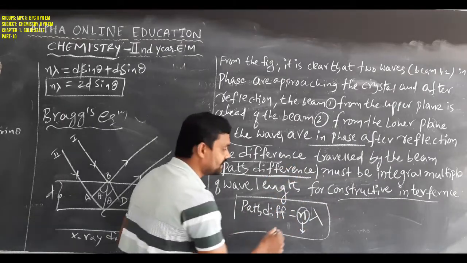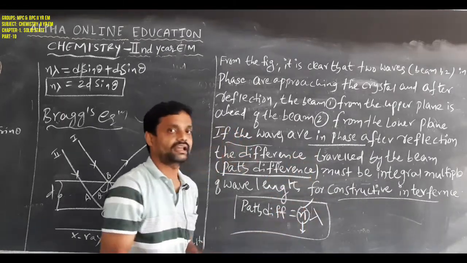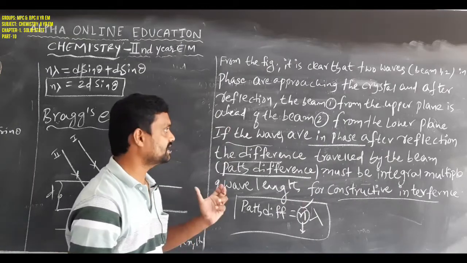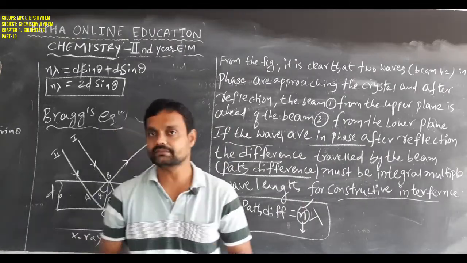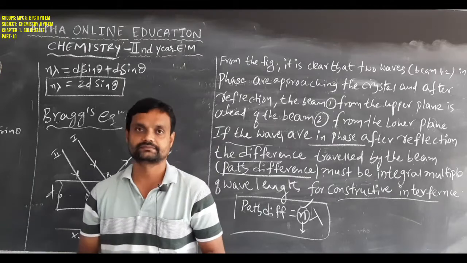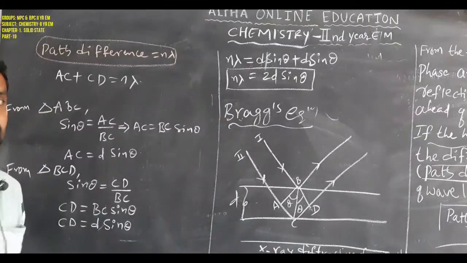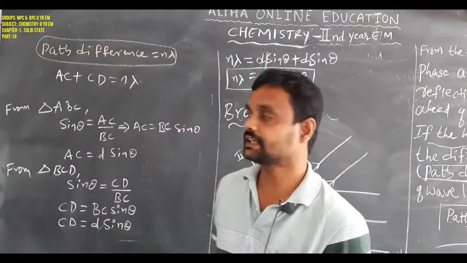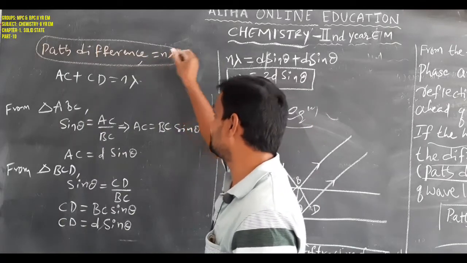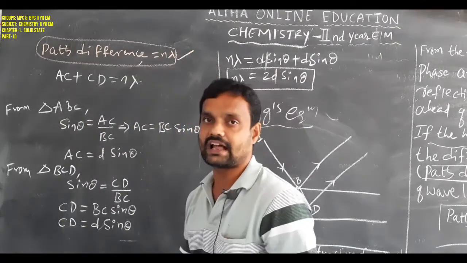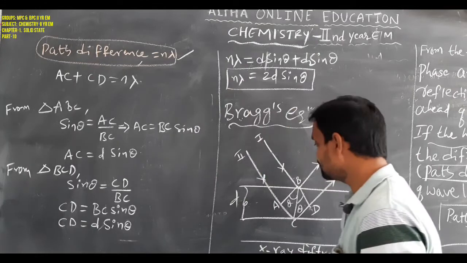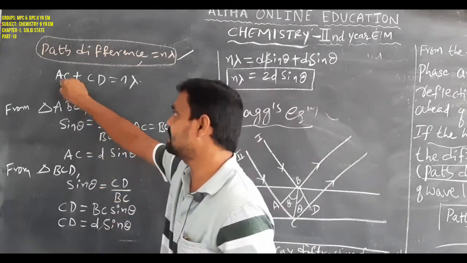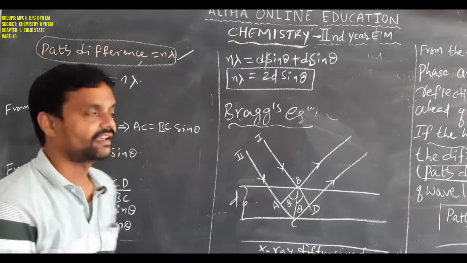Here the integer is denoted by a small n. So this concept can be obtained from the diagram. From the diagram, the path difference is equal to n lambda. What is the path difference from the diagram? AC plus CD.